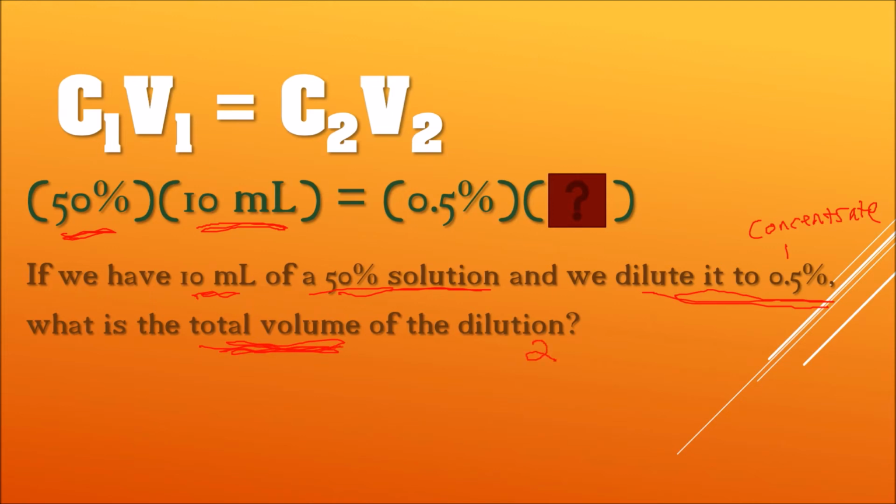The dilution would be number 2, the stock solution would be number 1. So let's write all these numbers down here. If we have 10 milliliters of a 50% solution, and we dilute it to 0.5%, what is the total volume of the dilution?